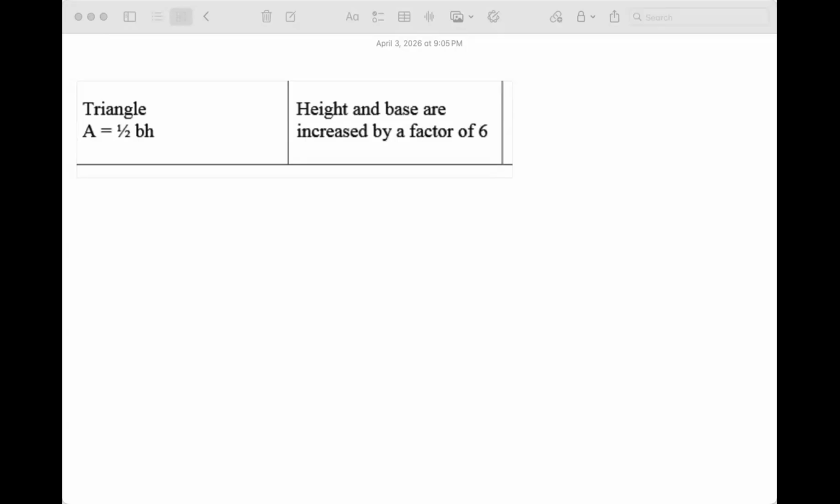Avyukt, it is 36, right, ma? Vinisha, that's 36, ma. I'll tell you why, guys. Area is half BH, the original. Okay? Half BH. Now, original is half BH, right?